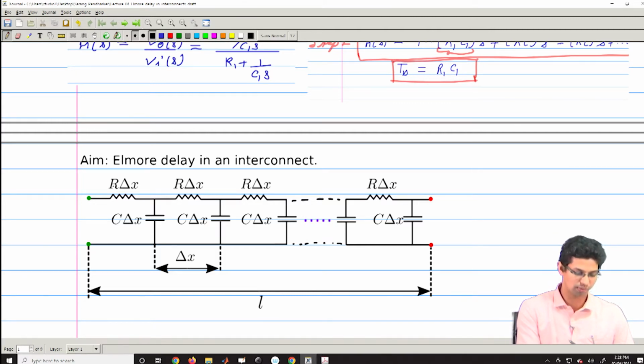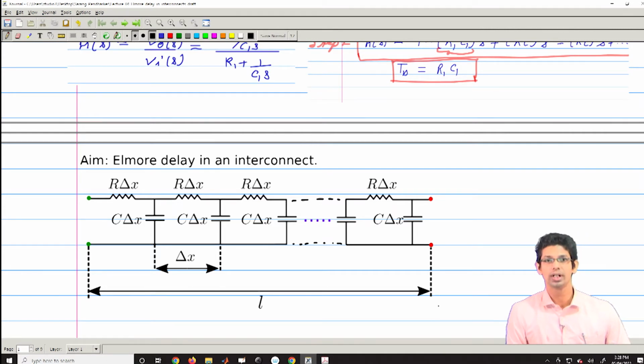So, the units of R and C were per unit length, and when you multiply R with delta x, that gave you the resistance of this infinitesimal segment. Similarly for the capacitances. If the length of your interconnect is L, then the total number of such elements would be n given by L divided by delta x.